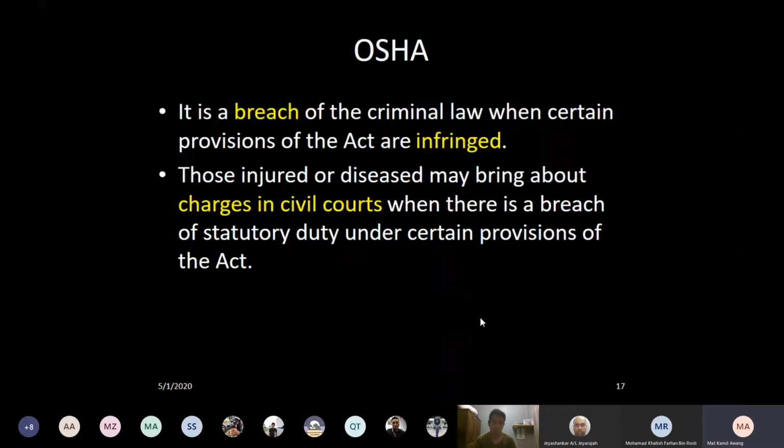So if there is an injury, the employer can be charged in court, can be sued in civil court to pay compensation and whatnot. So basically you can be liable for criminal and also be sued in civil court. Both apply.